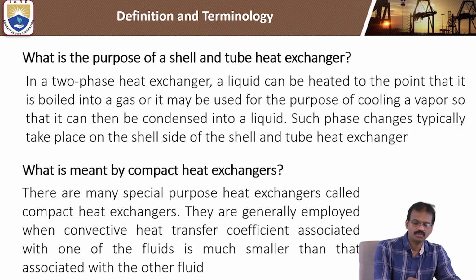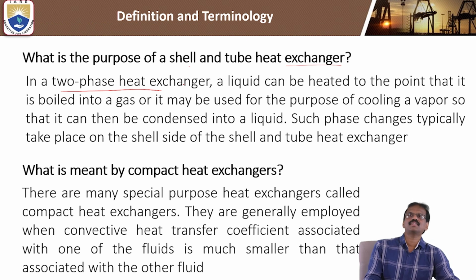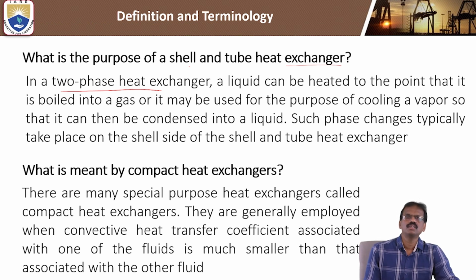Now we'll see what is the purpose of shell and tube heat exchangers also. We already discussed that one. In a two-phase heat exchanger, a liquid can be heated to the point that it boils into a gas, or it may be used for the purpose of cooling a vapor so that it can be condensed into a liquid.